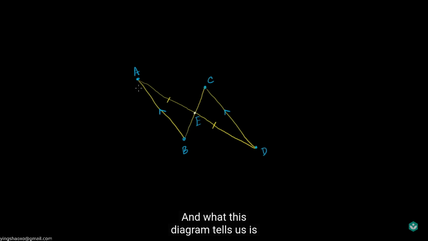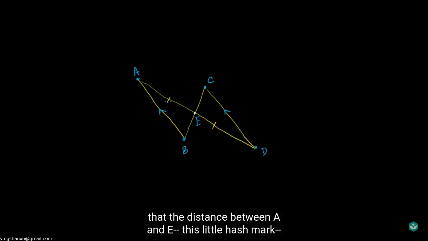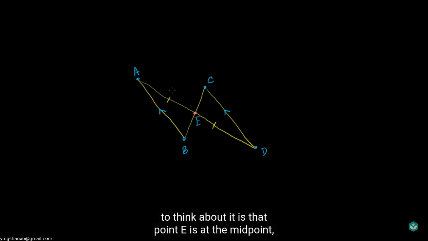And what this diagram tells us is that the distance between A and E, this little hash mark, says that this line segment is the same distance as the distance between E and D. Or another way to think about it is that point E is the midpoint of line segment AD. And what I want to think about in this video is, is point E also the midpoint of line segment BC?